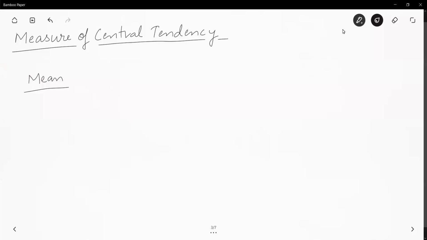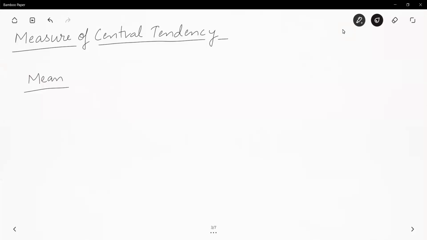This is also called the arithmetic mean or the average. It is nothing but we just take the sum of all the values inside a data set and divide by the total number of values in the data set.